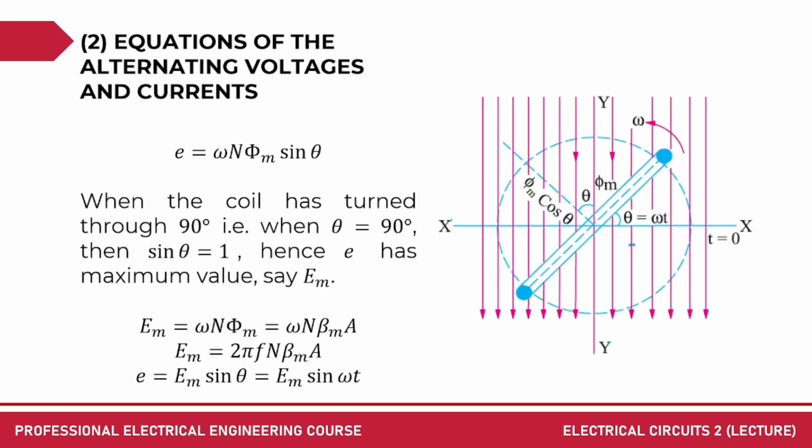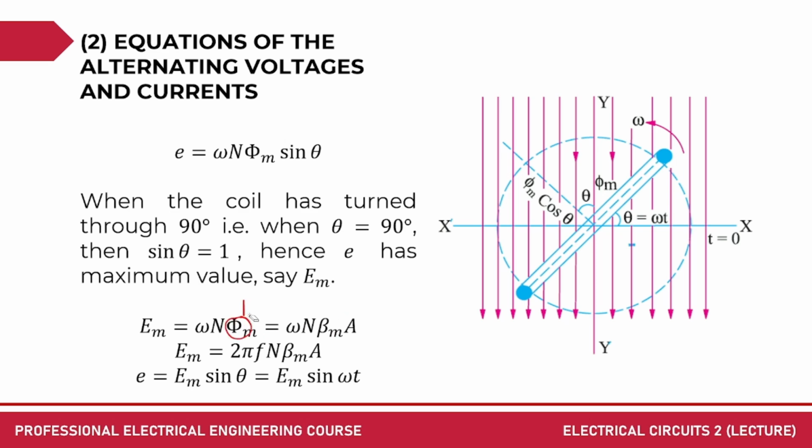Now, going back to that, when the coil has turned through 90 degrees such that theta is 90 degrees, then sine theta is 1. Hence, E has a maximum value. If that has a maximum value, then we can get E sub m as omega n phi sub m.